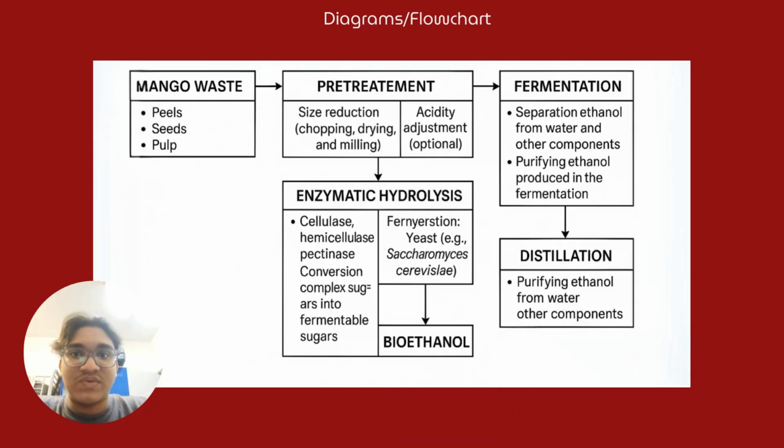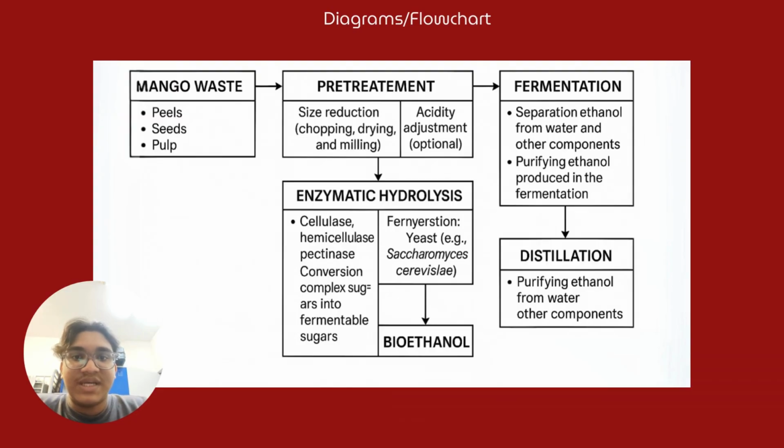Okay, so this is our flow chart, and we start with the mango waste, that is the peels, seeds, or pulp. Then we go to the pre-treatment process. That is, we reduce the size of the waste into smaller pieces by using chopping, drying, and milling methods. We can also adjust the acidity, which is an optional step. Then we can go either to the enzymatic hydrolysis or to fermentation.